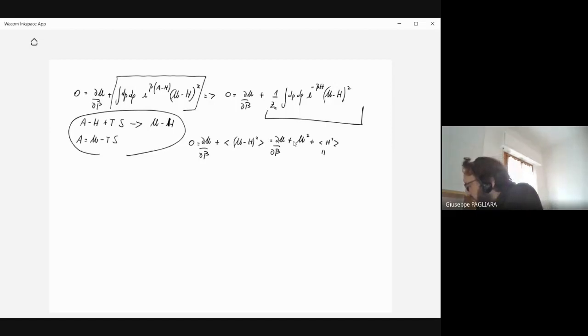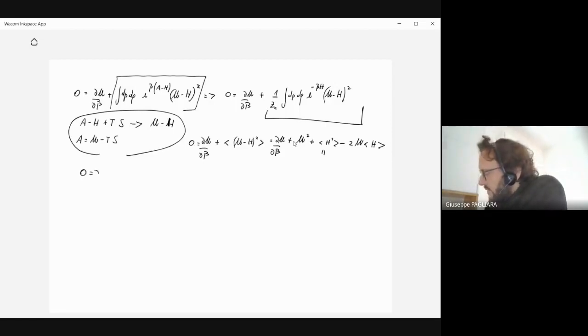No, this is the average of h squared, sorry. Then I have a minus 2u, the average of h. Okay, this should be the correct result.